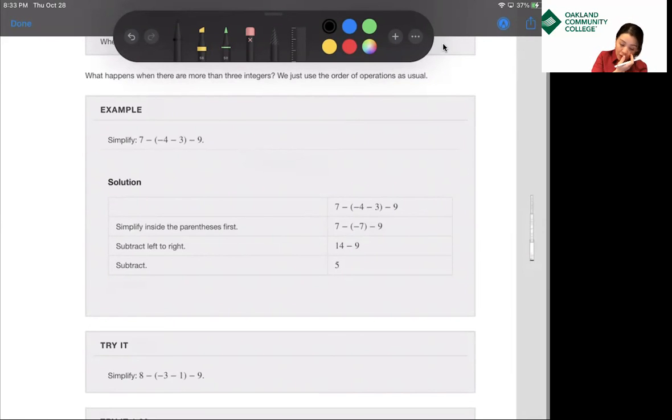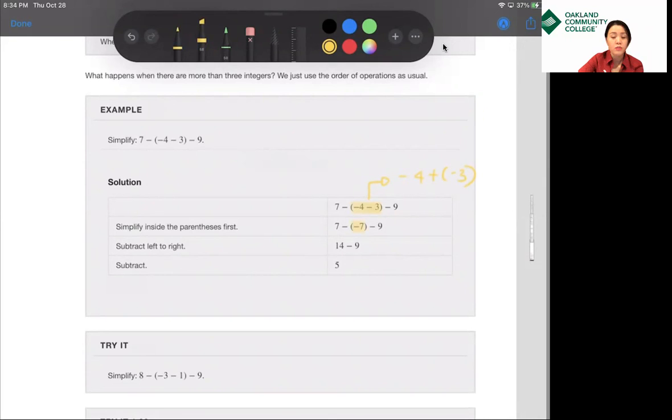First, I'm going to simplify inside the parentheses. Negative 4 minus 3 you can write as negative 4 plus negative 3. The sum of two negative numbers will be a negative number, so negative 4 plus negative 3 is negative 7.